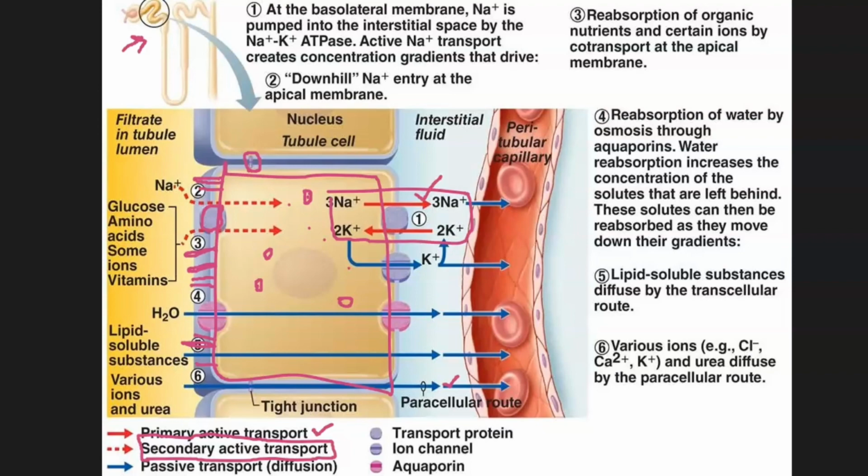Maximum 90% of water can be reabsorbed here in the PCT. And then there is a gap in between these two cuboidal cells of the PCT epithelial lining. Through these gaps, tight junctions are present where these cells are held together, which prevents dislocation of these cells. And then ions and urea are also reabsorbed from here. So this is all about it.